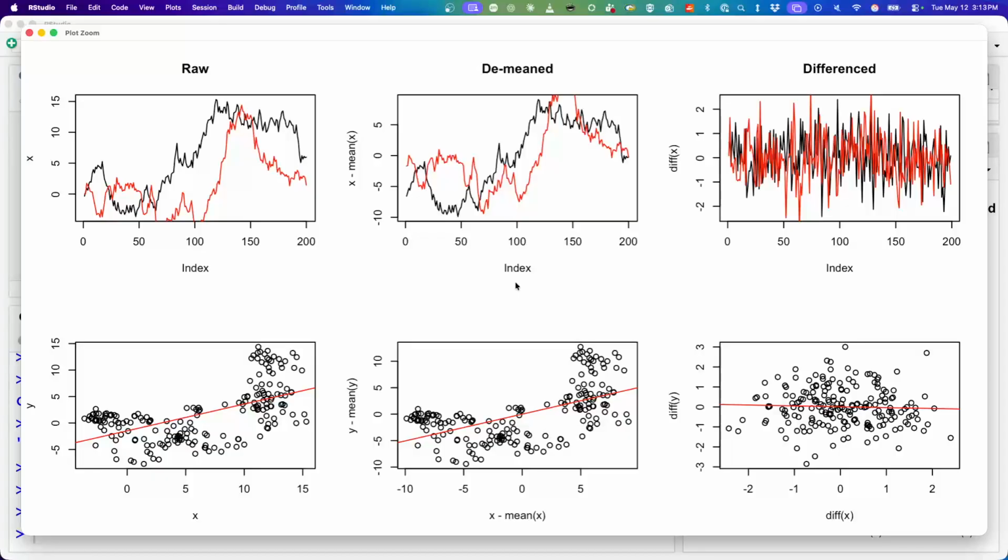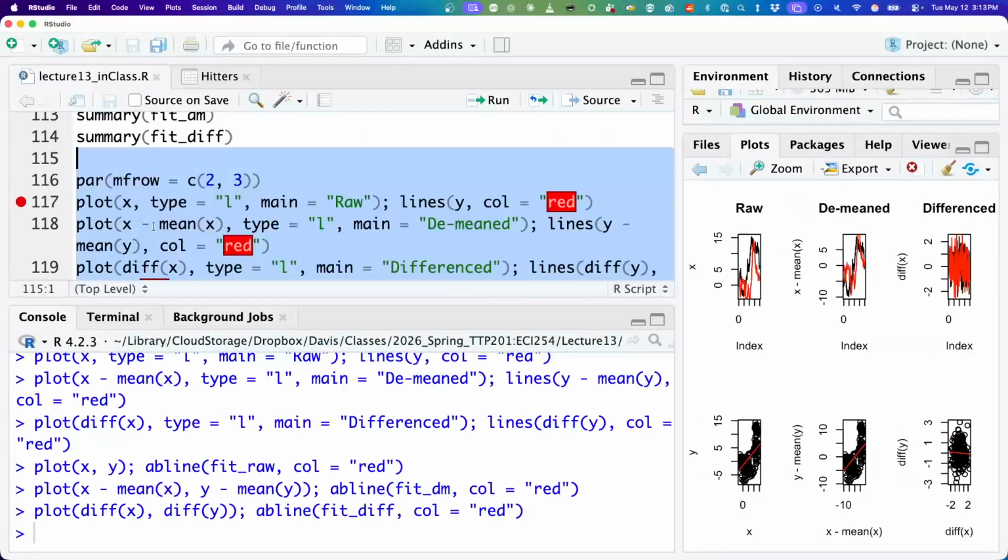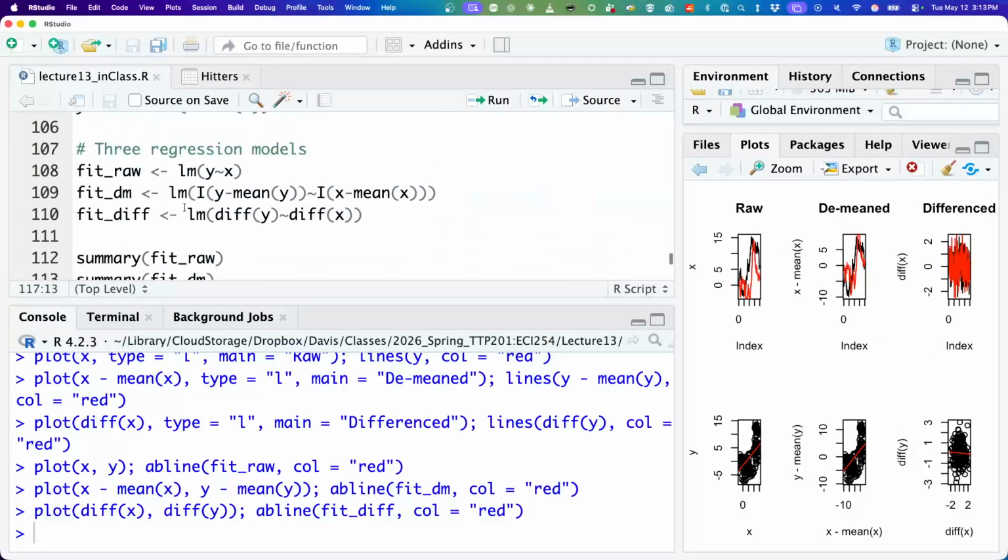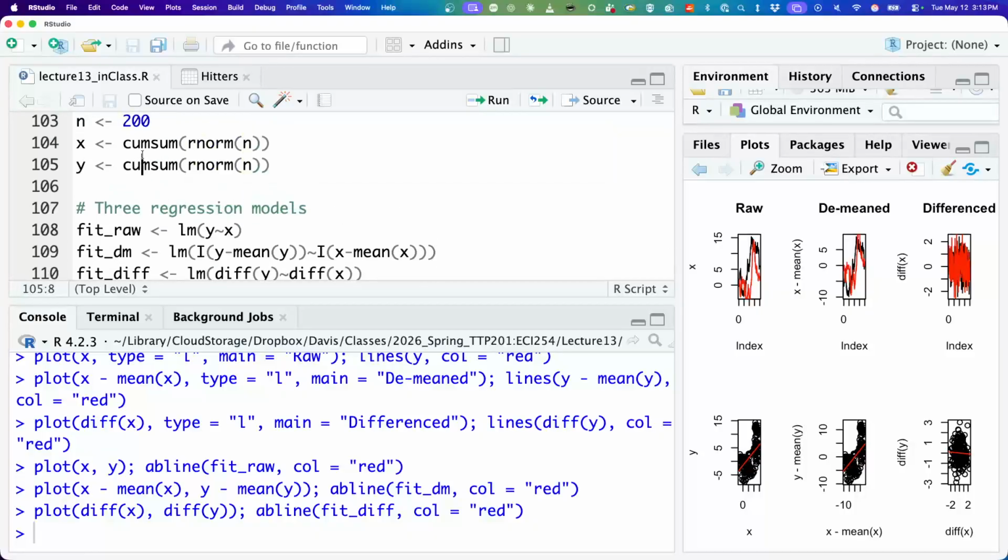Which we know to be the truth based on the way that we generated our x and y's. We forced them to be related to each respective past value via this cumulative sum function.